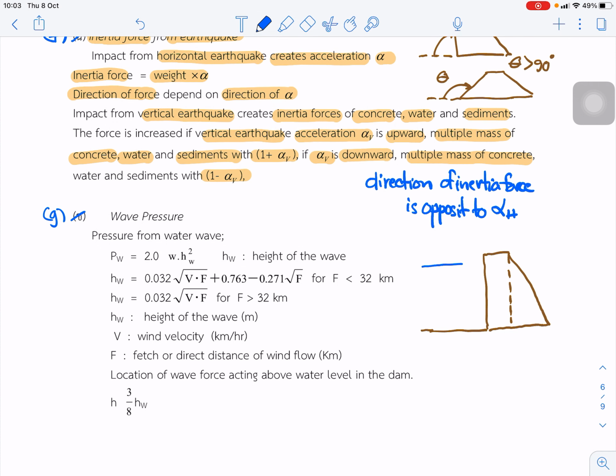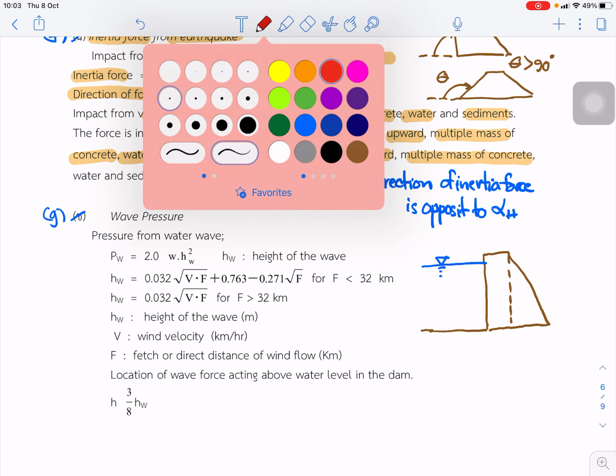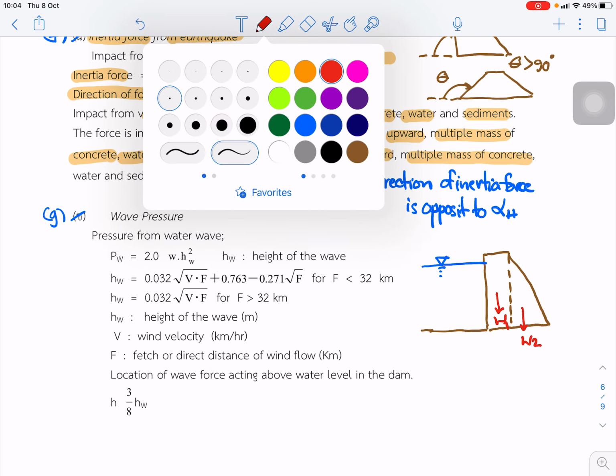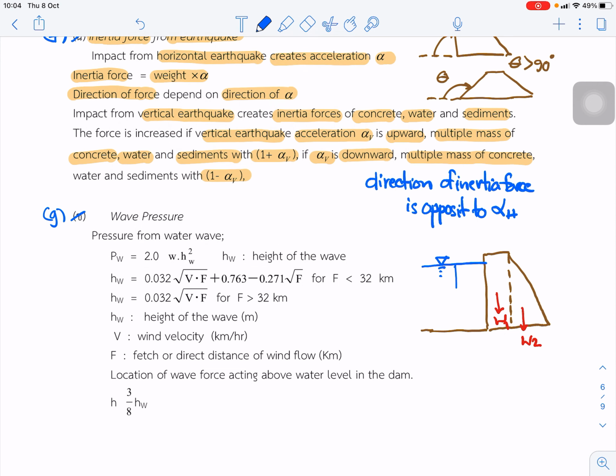If we draw the dam like this, we can write the weight of the dam W1, W2, and the hydrostatic force.